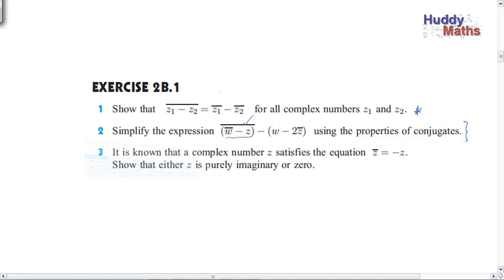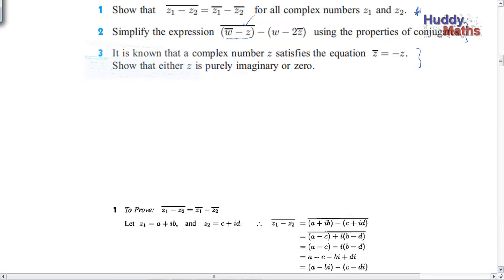Okay, and then simplify it. This one here is back to letting z equal a plus bi and tracking through the relationships there. So pause the presentation and have a go at those problems. I'm going to show you the worked solutions in a minute. Here we go.